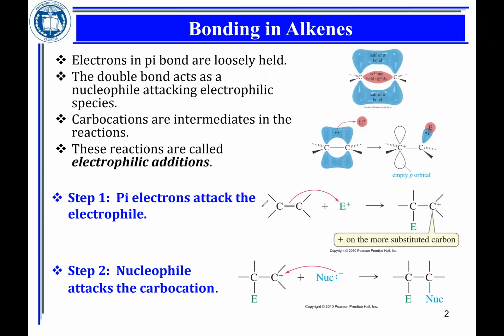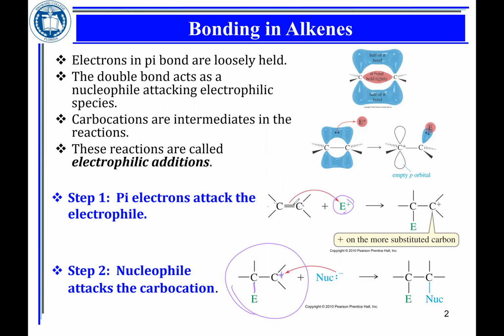And if you can break it easily, as I said in the previous chapter, this is a heterolytic cleavage. That means the pair of electrons went to this electrophile, and the other carbon takes the positive charge. When the electrophile comes in, it doesn't bring any electrons and wants to form a bond with one of these two carbons.